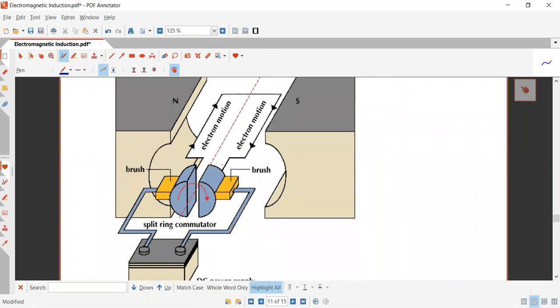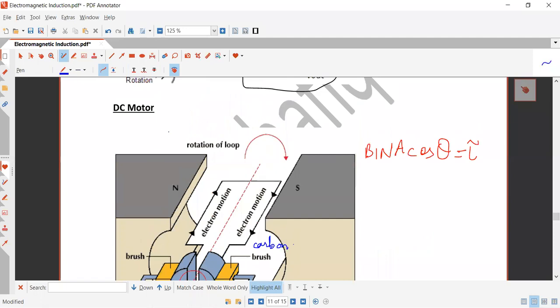Again, just like the DC generator, the DC motor also has this split ring, or we also call it the commutator. Right, sure. And then we have this carbon brush and the same thing. But the principle is definitely opposite. Like there, the mechanical energy was converted into electrical, and here, electrical energy is converted into mechanical energy.